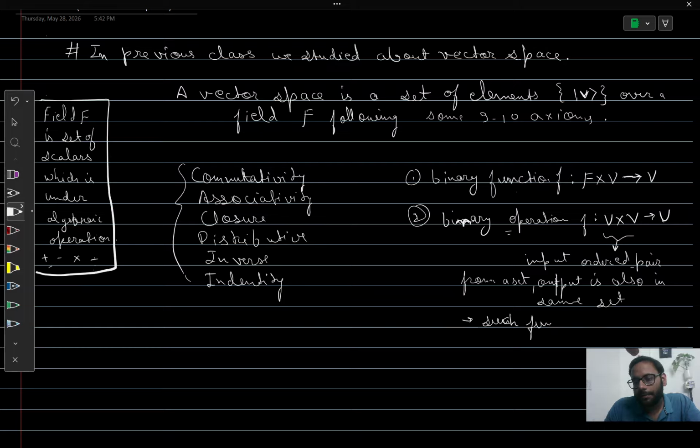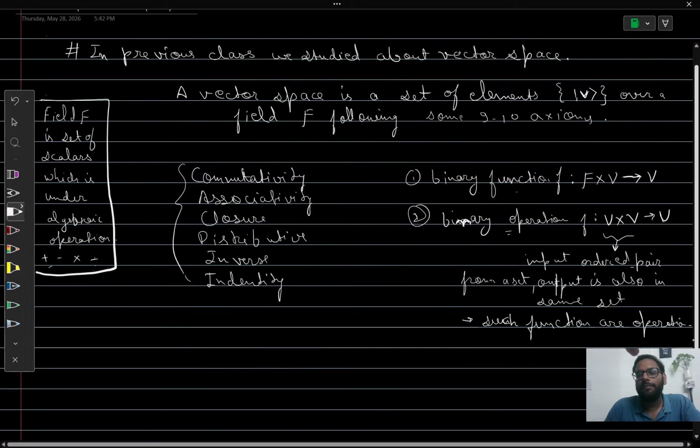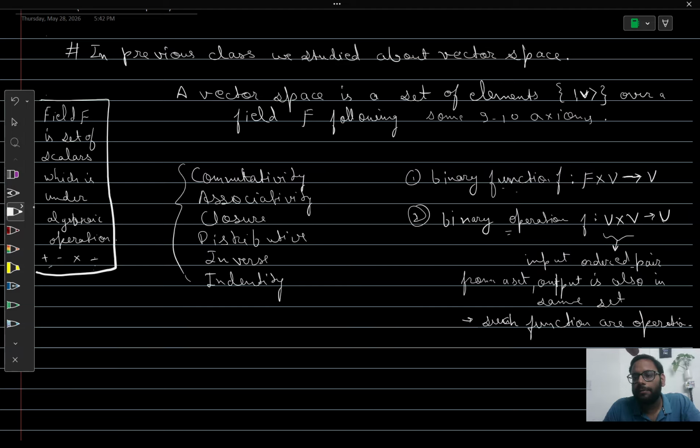Such functions are operations. So operations are done within the set itself, and a function can be for different sets.